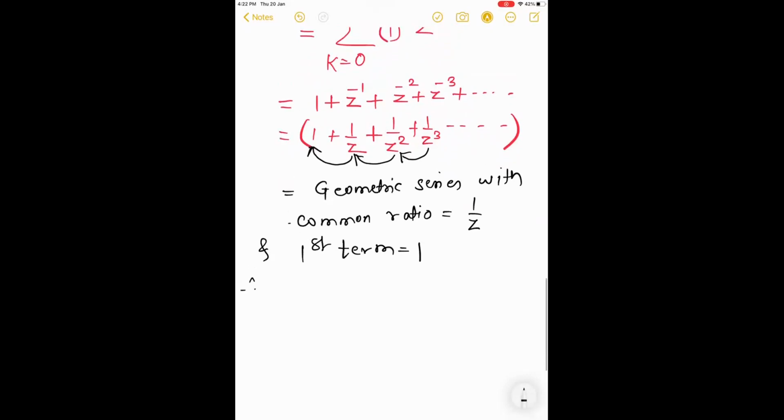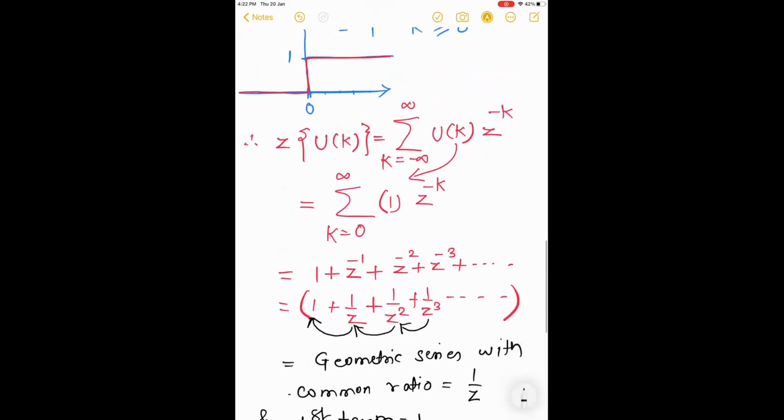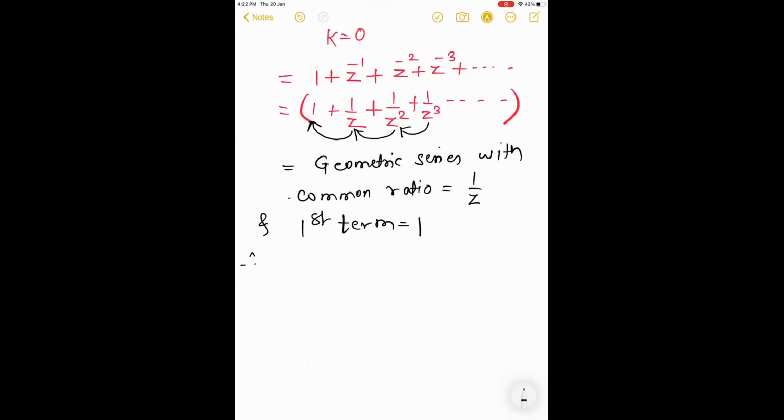Therefore, I have already shown you in the notes, what is the geometric series? Those who have written, can you tell me please, what is the summation for that geometric series?